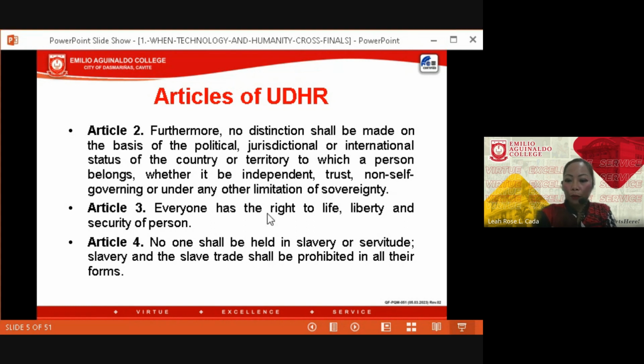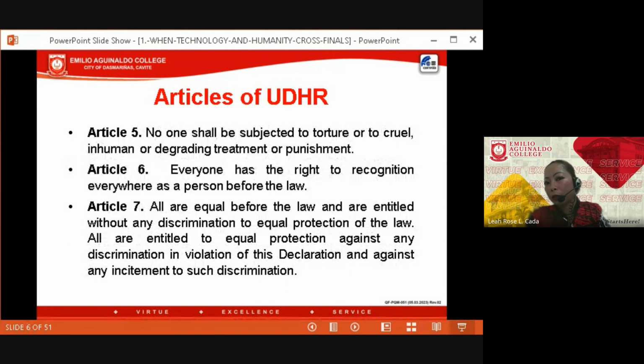Okay. Now, for Article 5 naman, no one should be subjected to torture or to cruel, inhuman, or degrading treatment or punishment. So, under this one, kahit na, say the person is already listed under Interpol, malaki na yung nagawa niyang pinsala from one country to another, once captured, he or she should not be subjected to torture. Okay, to admit to a crime that he or she has committed. Because after all, as a person, a criminal per se, that person is considered innocent, okay, until proven guilty.